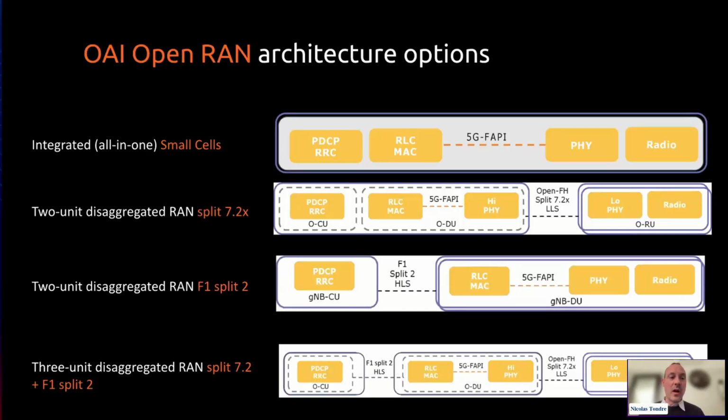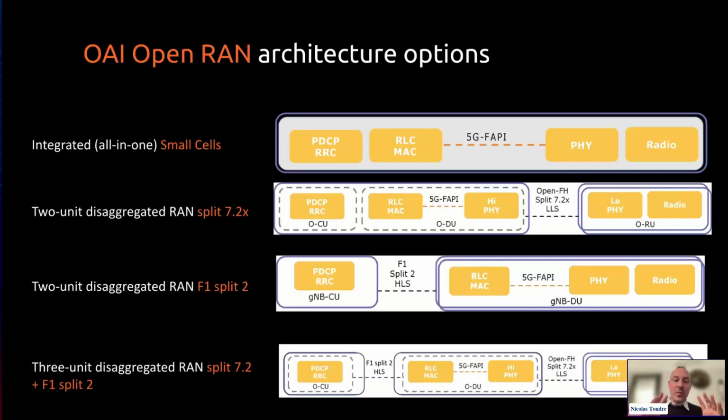But you can also disaggregate the RAN into 2 different units, using split 7.2, 7.2x, because there are 2 options, A or B, where you would have on the left-hand side one box containing the G-Node B, split into CU, DU, but inside one box. CU is for centralized unit, DU is for distributed unit, and on the other side, the radio unit.